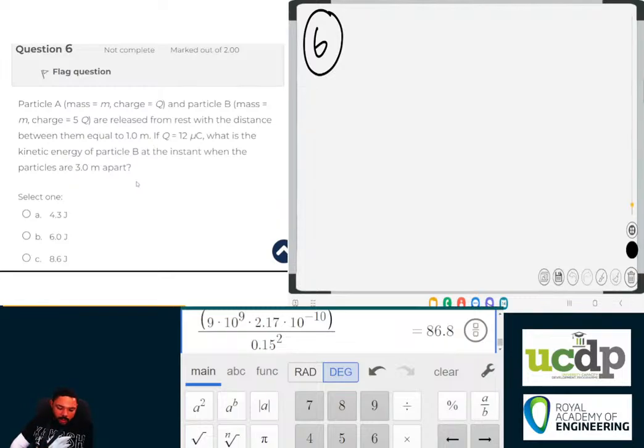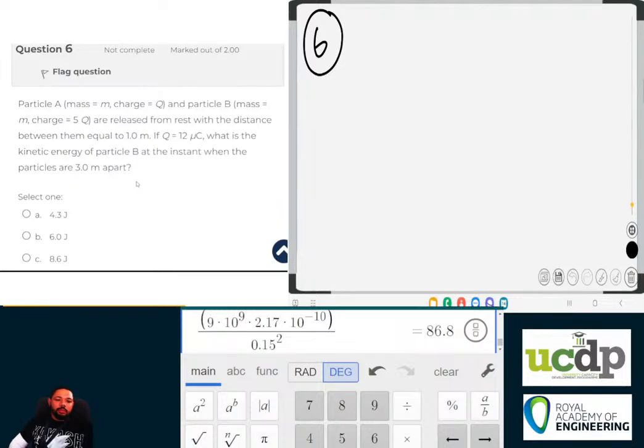So these two particles are released from rest with the distance between them equal to 1 meter. Now, if q is equal to 12 microcoulombs, what is the kinetic energy of particle B at the instant when the particles are 3 meters apart?